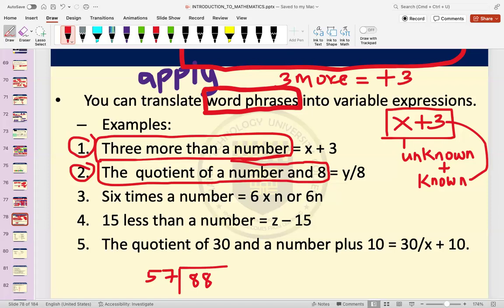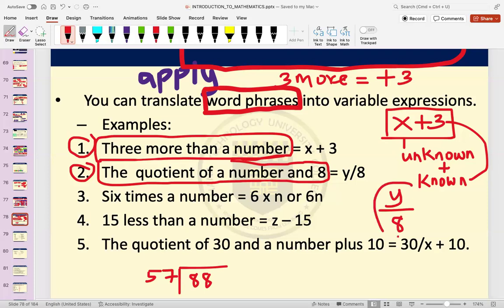Okay. So when you see quotient, it means long division is coming in. The quotient divided by 8.